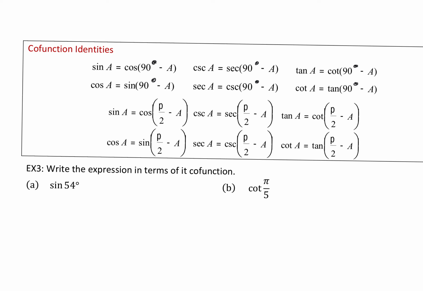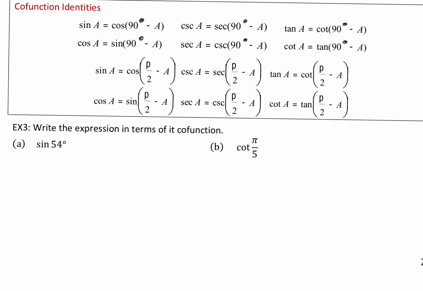So if you have sine of some angle A, it's going to be equal to cosine of 90 degrees minus A, because remember those two angles add up to 90 degrees. And same with cosine. If you have cosine of A, it's going to be equal to sine of 90 degrees minus the angle A. But we could also be working in radians.